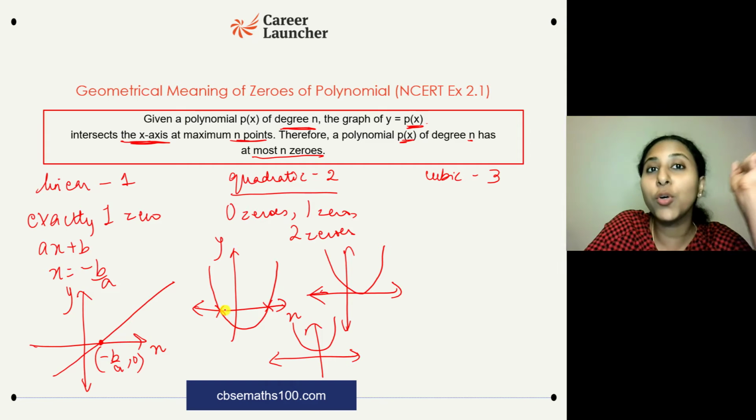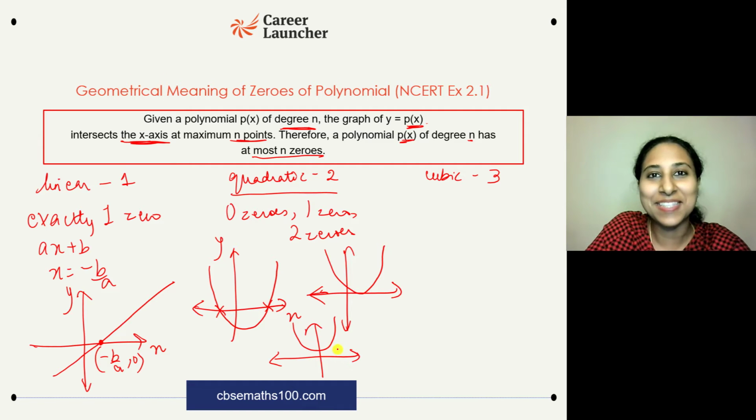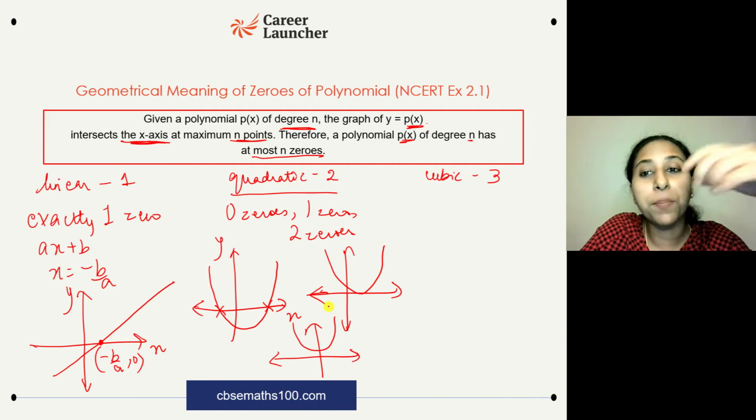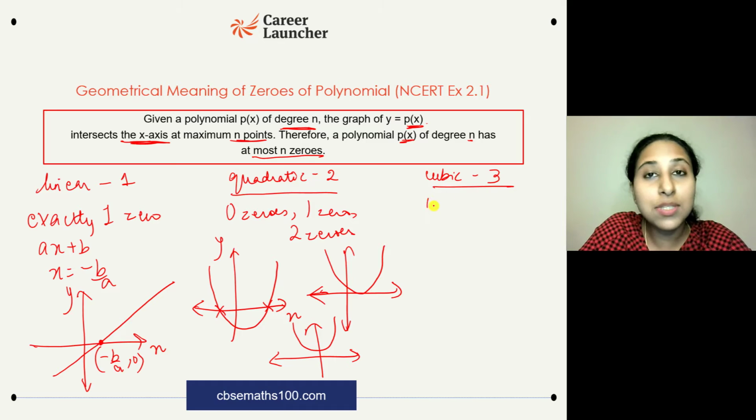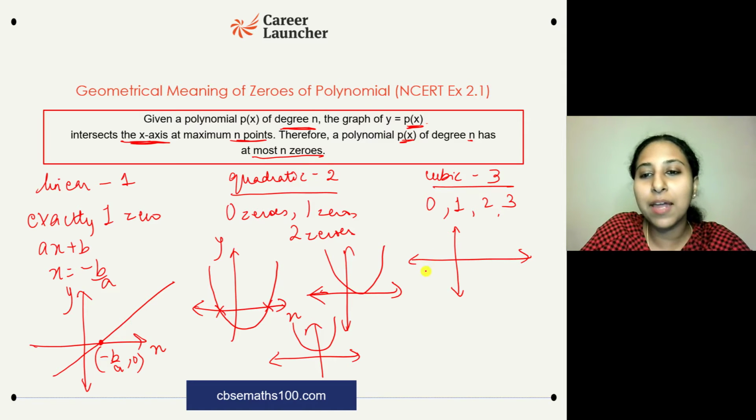And how do you obtain the number of zeros graphically? Look at the points of intersection with the x-axis. For a cubic polynomial, you could have no zeros, 1 zero, 2 zeros, or maximum 3 zeros. So a cubic polynomial would have a shape where maybe you're having this way. This is a case where you have 1, 2 zeros.